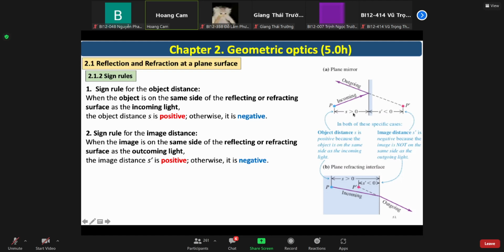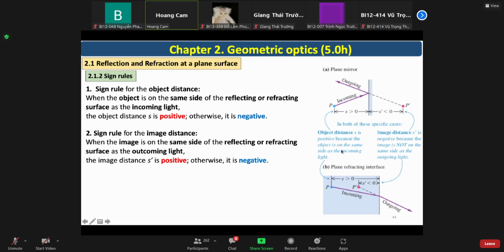So here, for the plane mirror, because they also consider the second case, I will tell you right now. We have the plane mirror and we have the plane refracting interface here between two different media. So we got the object and the incoming ray, and here the outgoing ray, and here's the image P prime. So for both of these specific cases, the object distance S is positive because the object is on the same side as the incoming light.